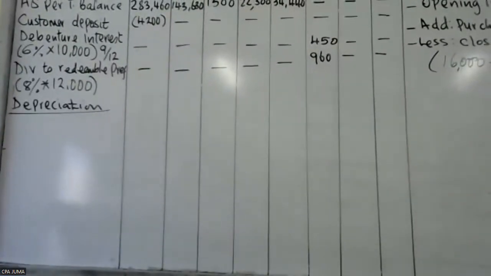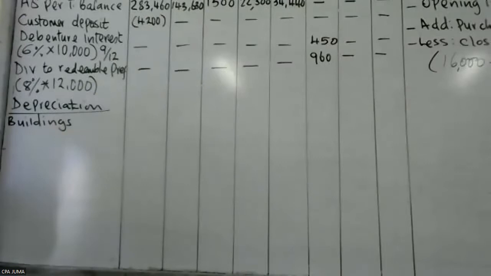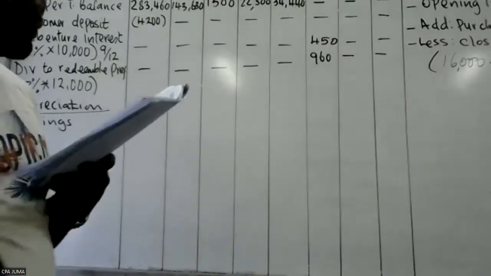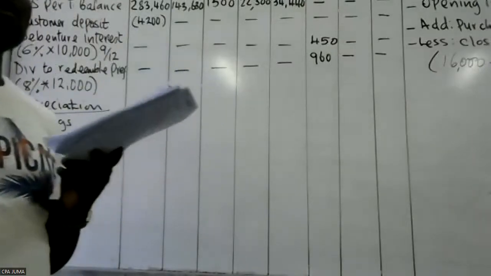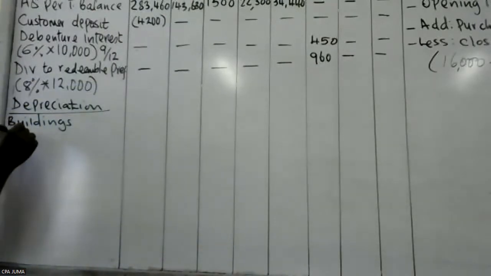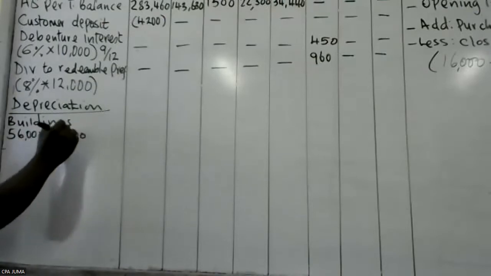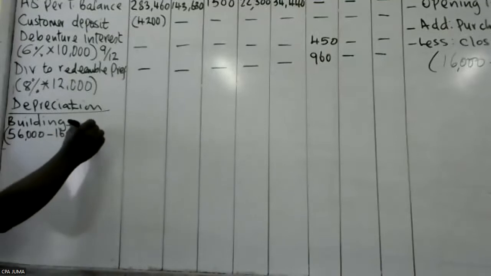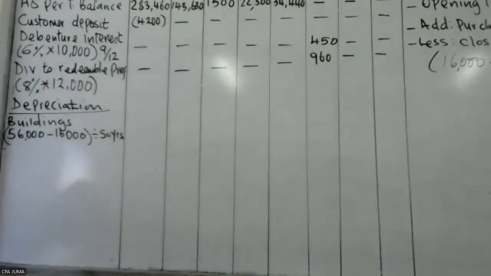We start with buildings. Check trial balance. Are you seeing land and buildings? Land was how much? 16. Total 56. So meaning building is 56 minus 16. And they are the same. The useful life was how many years? 50 years.